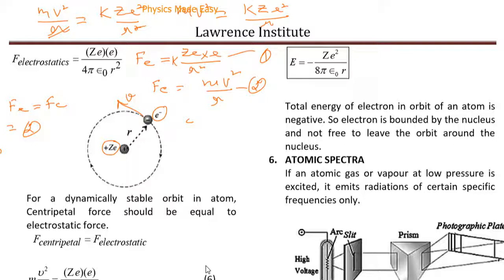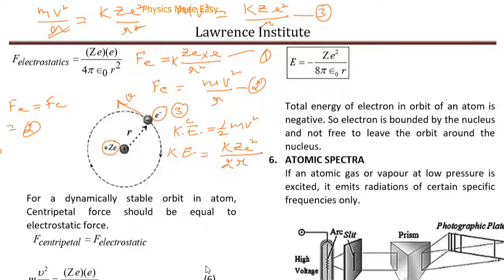From here, kinetic energy. Now I have directly picked from this equation 3. I am writing equation 3 here. Kinetic energy is equal to half m v square. We know. Now I am substituting the value of m v square, and this is k z e square by twice of r.